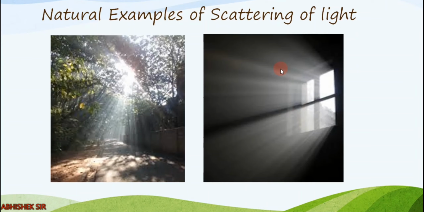Also we talked about when in a smoke filled room, in a dusty room, when sunlight enters, the path of light becomes visible. So these are all examples of Tyndall effect, but Tyndall effect is ultimately related to scattering of light. Why are we studying these figures? Because these figures are real life examples of scattering of light that we see quite often.